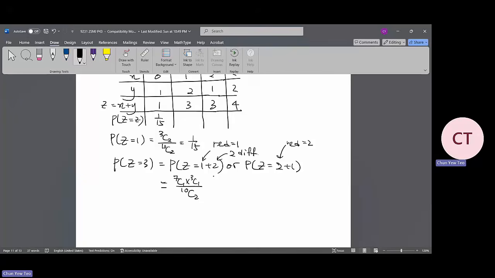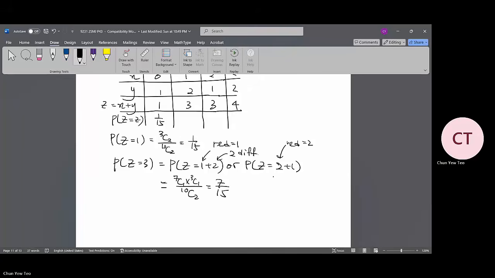So this case will give you 21 over 45. So that will be 7 over 15.